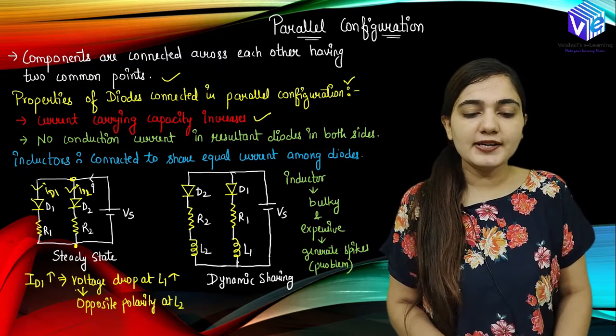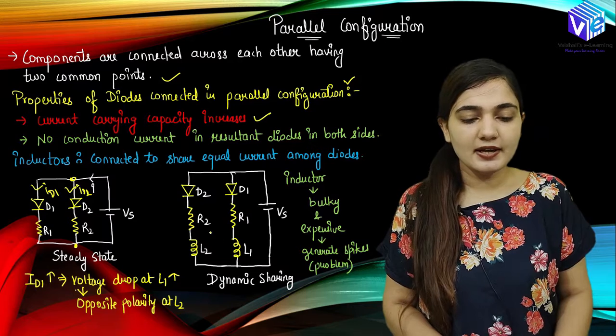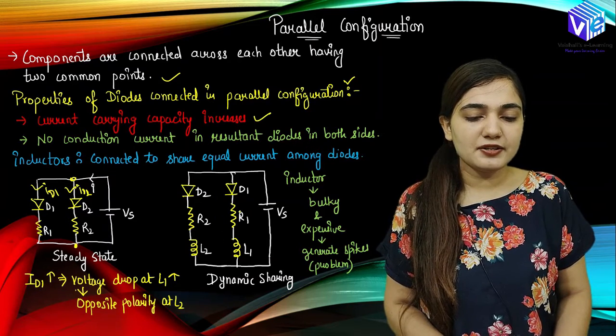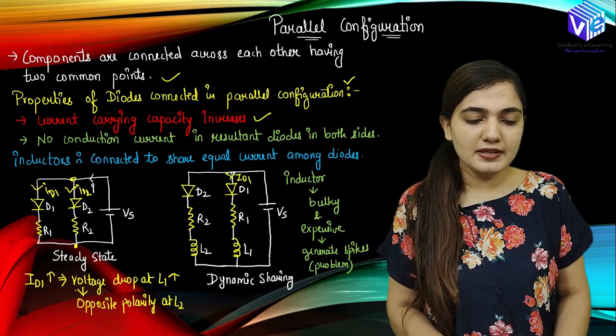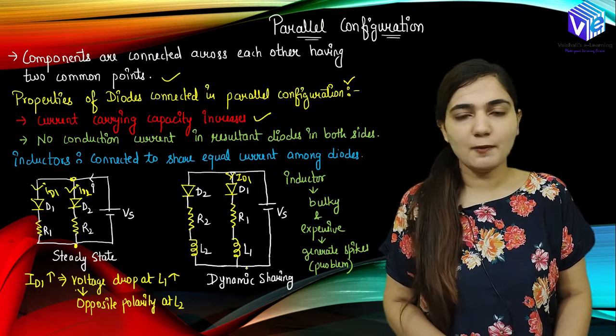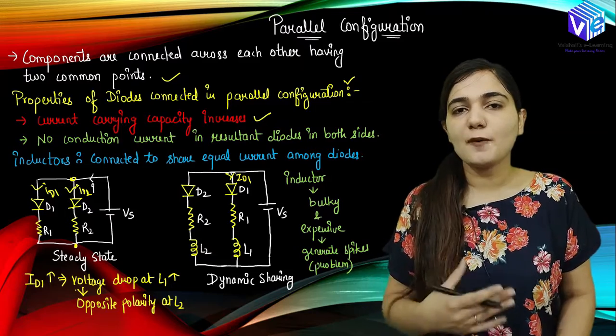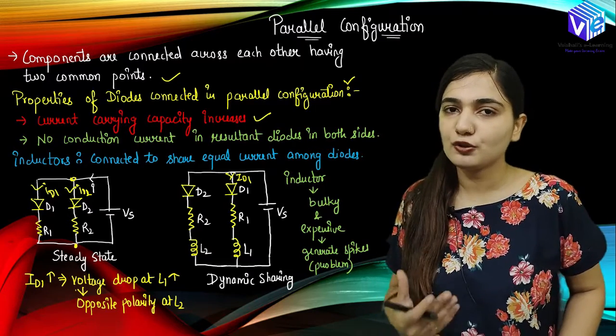Now how are the inductors controlling the current when ID1 increases? When ID1 increases, the voltage drop across L1 will increase, because the voltage drop is directly proportional to the rate of change of current flowing through the inductor.